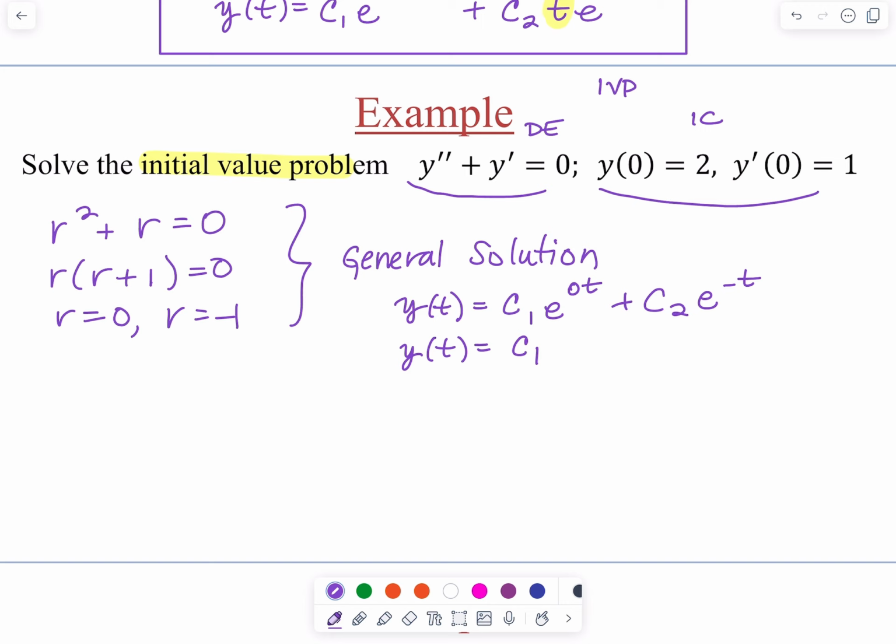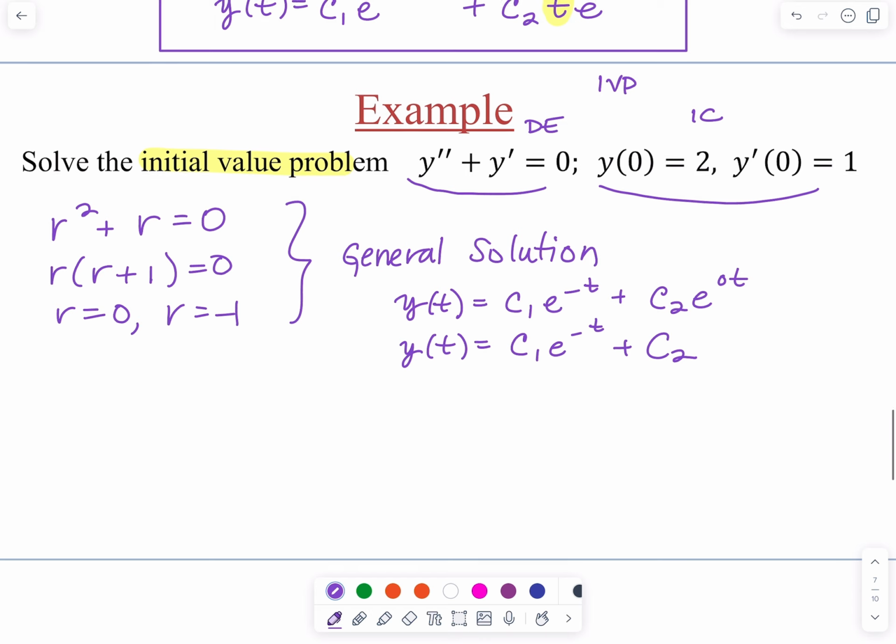I think I'm going to write this the other way. You can actually write them either way. But I usually like to put my constant last. So let's go ahead and put c1 e to the -t plus c2 e to the 0t. And then we come up with c1 e to the -t plus that second constant.